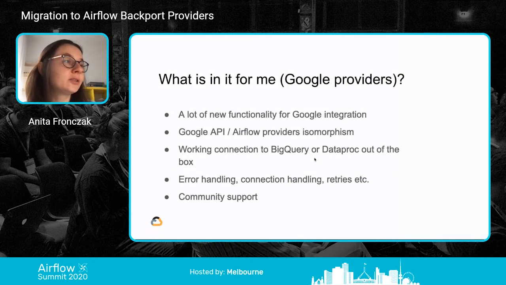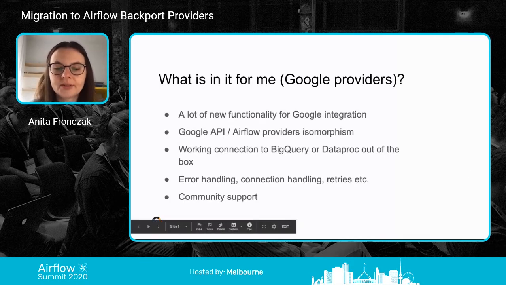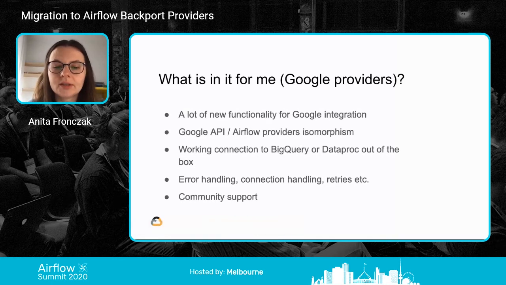There is a lot of new functionality for Google integration. I showed you the README with the list of new operators, transfer operators, sensors, and hooks. But to give you a summary of new functionality, there are new operators for AutoML, which weren't there, for Cloud Memorystore, Data Catalog, Data Fusion, Life Sciences, and Marketing Platform.